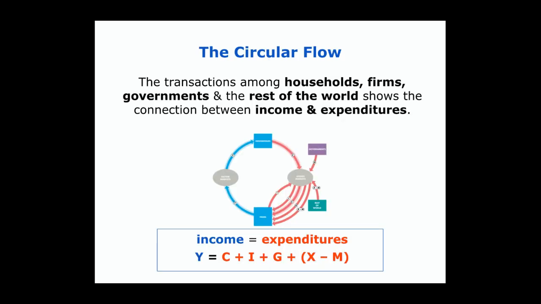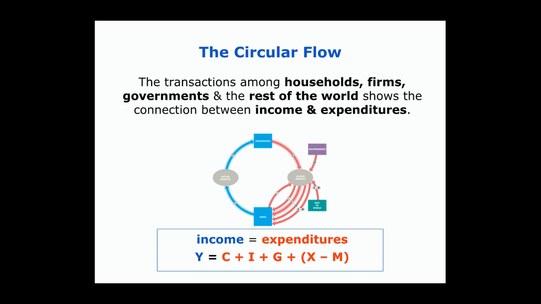And again, this is because all of the transactions that are done by households and firms and governments and with the rest of the world through imports and exports add up to all of the incomes that are paid. And so we have this circular flow between incomes and expenditures.